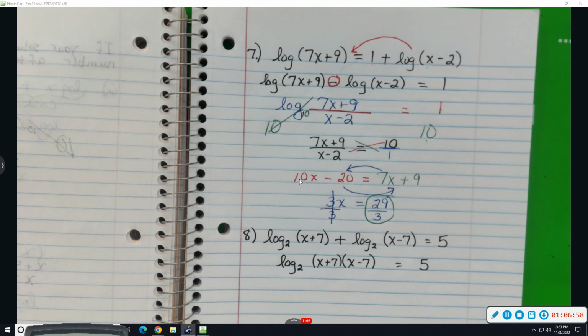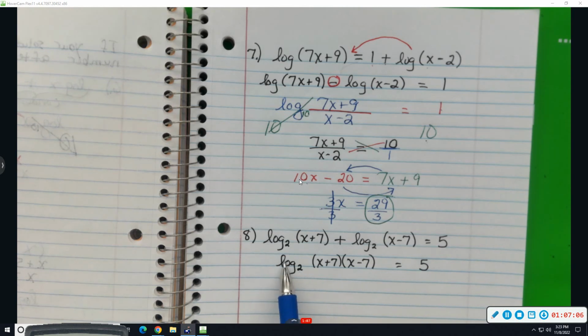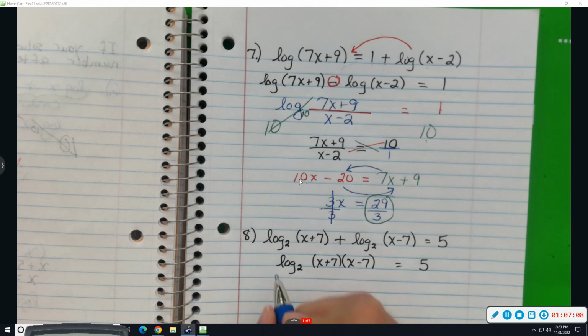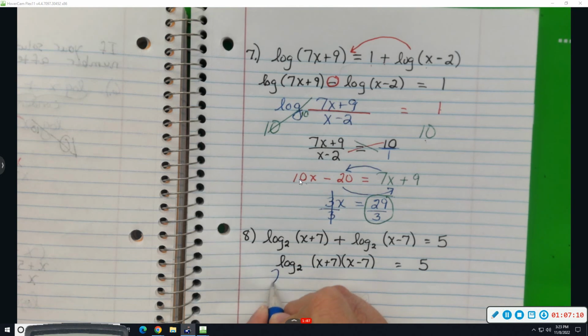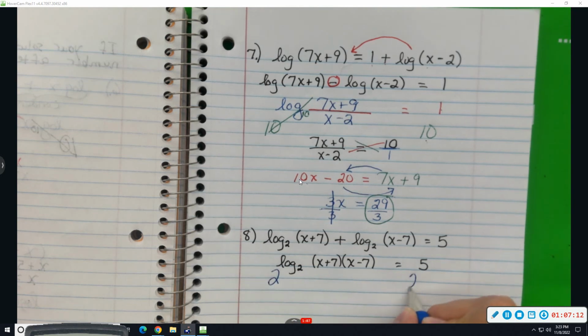So I condensed them. How will I cancel out this log base 2? Yeah, big 2 to both sides.